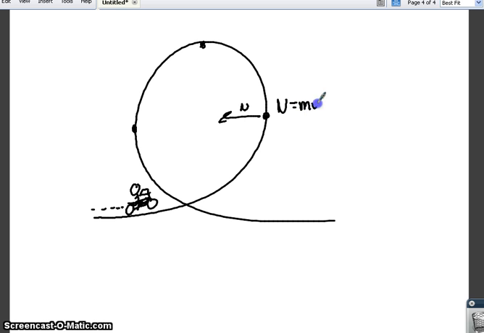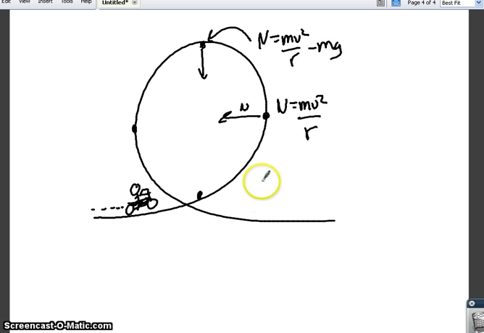At the top, normal force equals mv squared over r minus mg. And at the bottom, normal force equals mv squared over r plus mg. Same exact thing, except now it's normal force instead of tension, because the road is pushing it as opposed to a string pulling it.